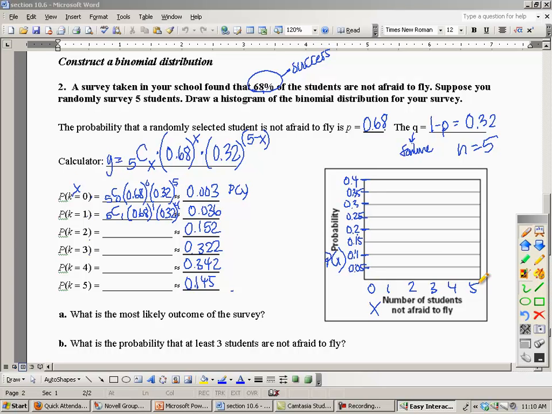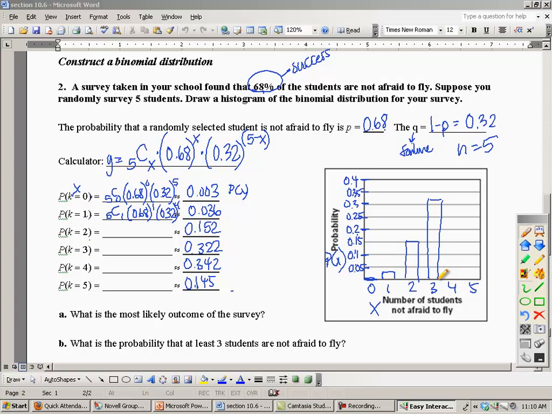And so if I look at 0.003, that's going to be like way down here. So you're not really going to have a whole lot, right? At 1 student is 0.036, so 0.025 would be here. At 2 is 0.152, so 0.15 just above that. 3 is 0.322, so 0.325 would be kind of halfway in the middle, so right there.